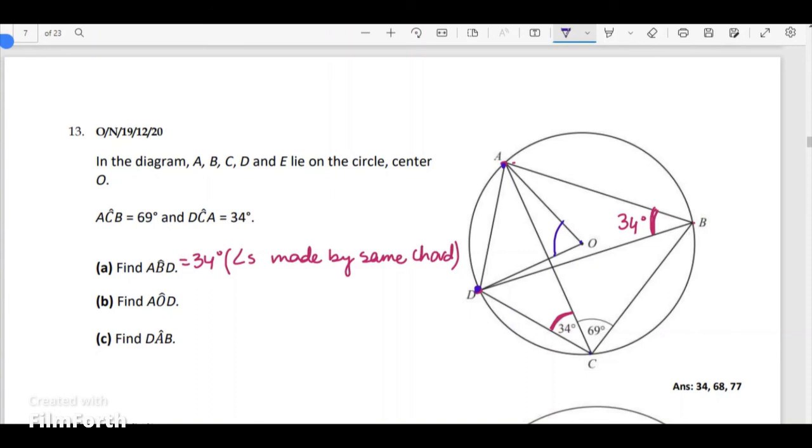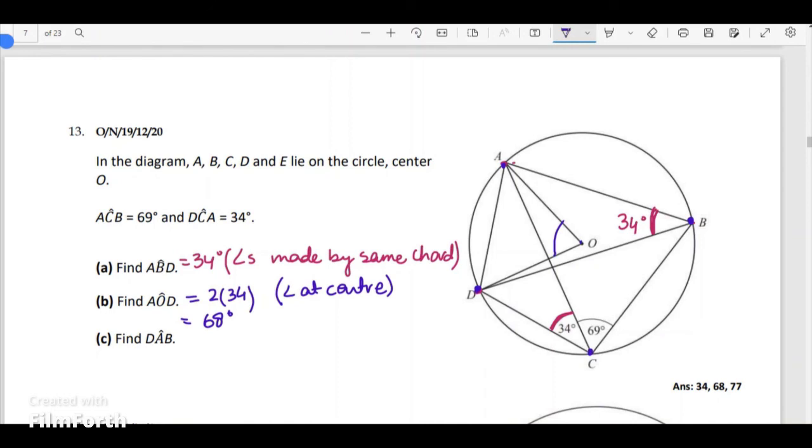Yes, it is. Right here at C, 34 degrees, and here at B, 34 degrees. So AOD would be 2 times 34. Why? Because this is angle at center, so it would be twice. So the answer is going to be 68 degrees.